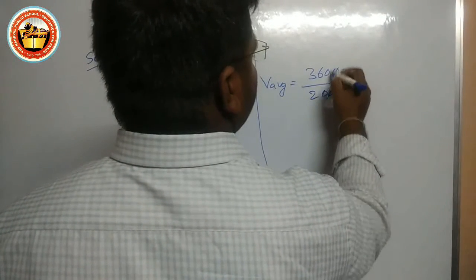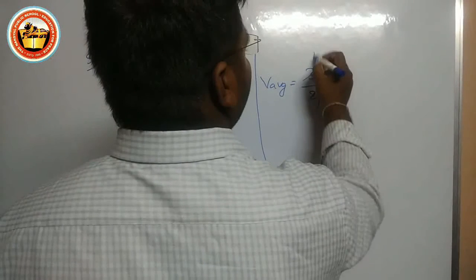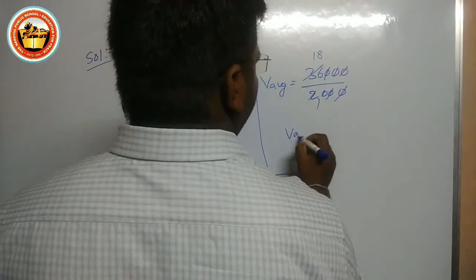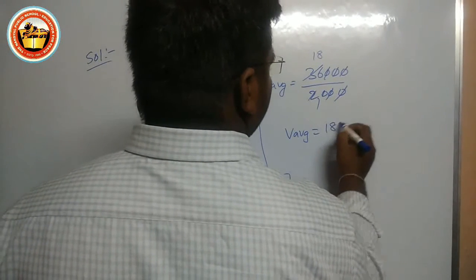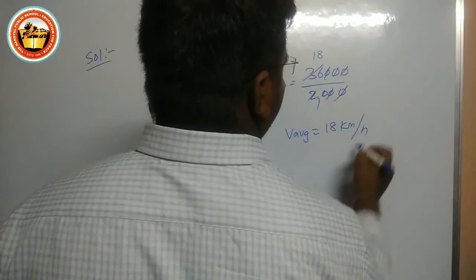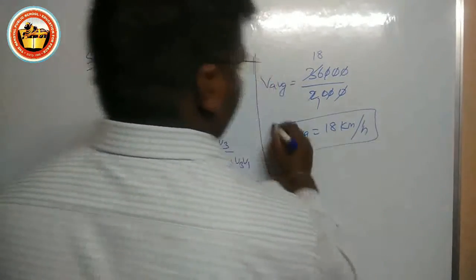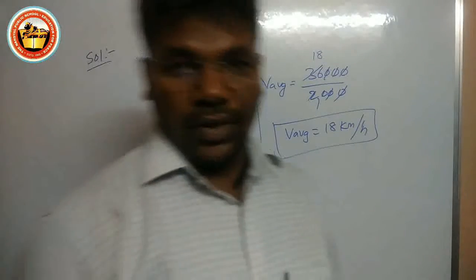Three zeros get cancelled. V average is equal to 18 kilometer per hour.